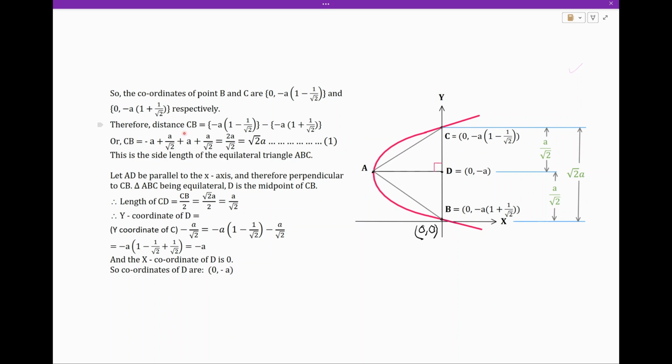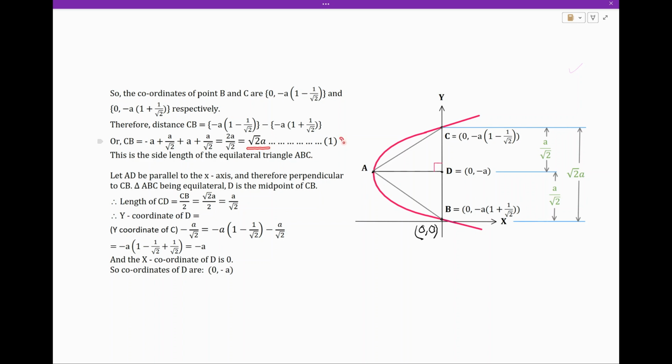So the distance CB is equal to the y coordinate of C minus the y-coordinate of B. And if we put that into the equation, CB is equal to minus a plus a by square root of 2 plus a plus a by square root of 2, and that is equal to 2a divided by square root of 2, and that simplifies to square root of 2 times a.